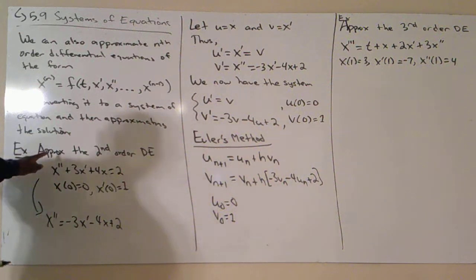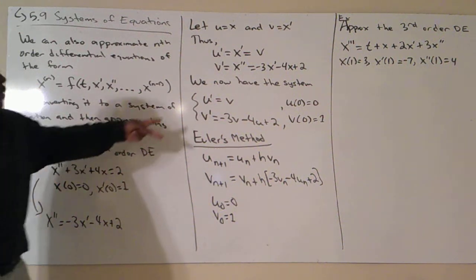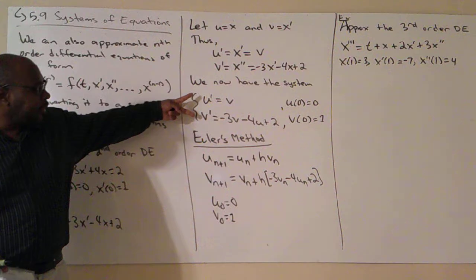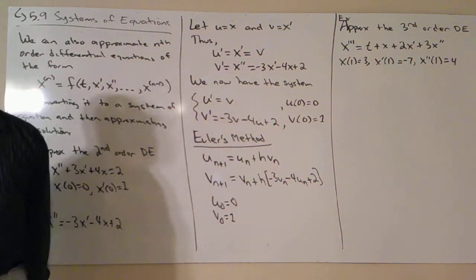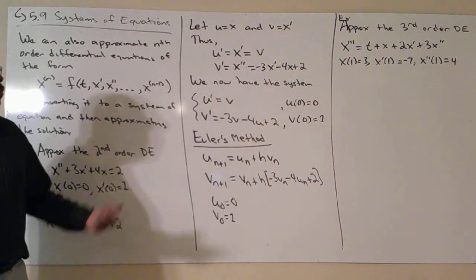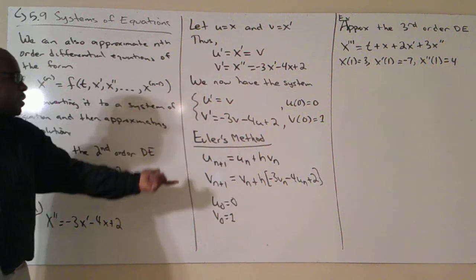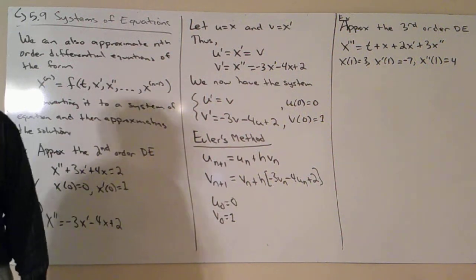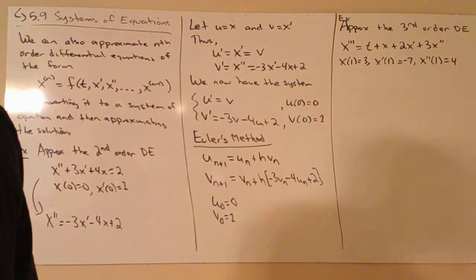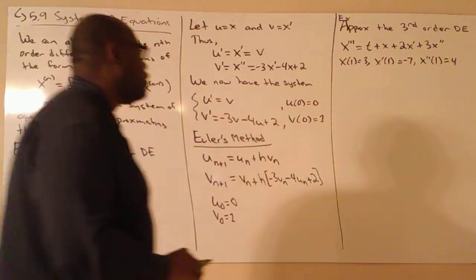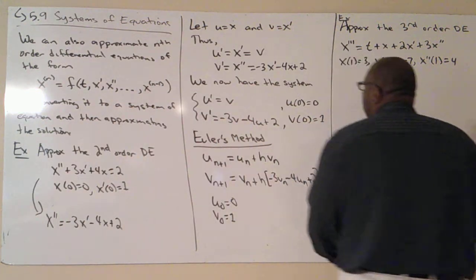When we had a second order differential equation, we broke it up into two first order equations. So when we have a third order equation, when I do this conversion to a system, it's going to break it up into three equations that are first order. So let's do what we did before.